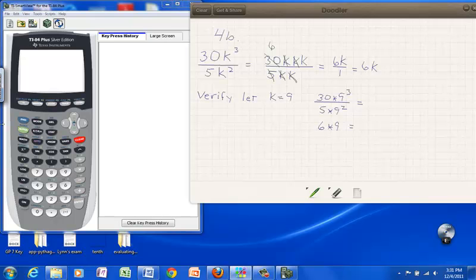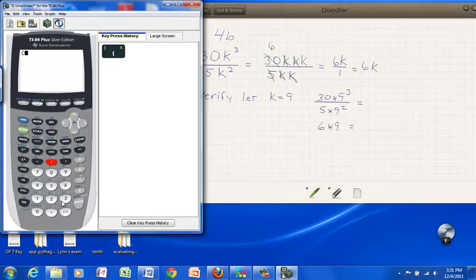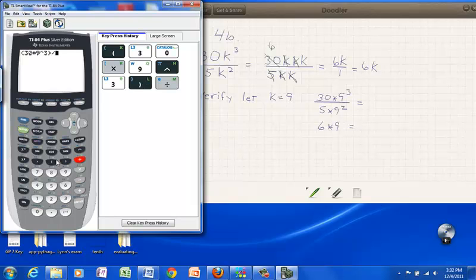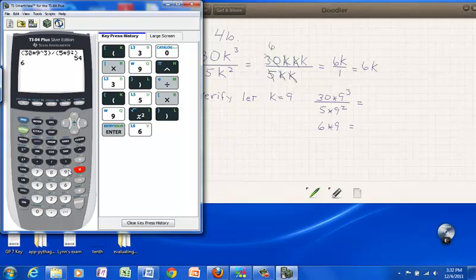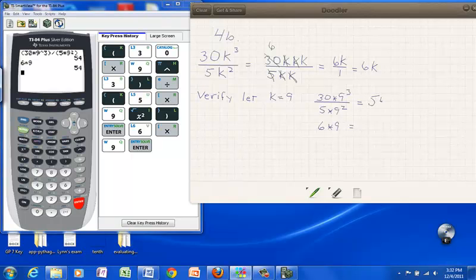Now I'm going to do the work in one step on the calculator. Again, group the numerator. And group the denominator. And this time I got the correct answer. They both equal 54. So this answer checks. All right, let's go on to part C.